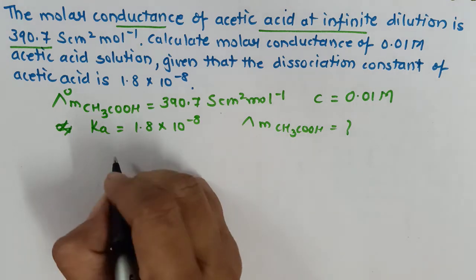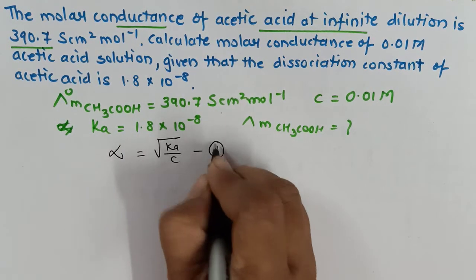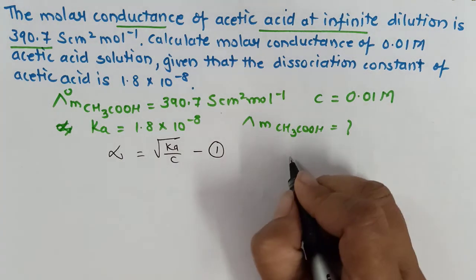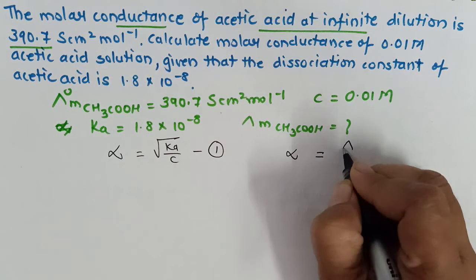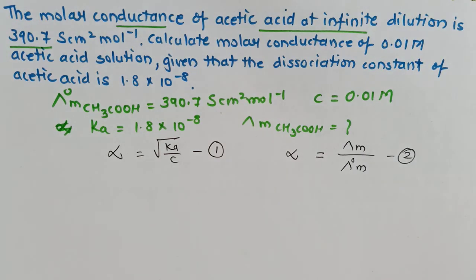Now we know that alpha equals square root of Ka upon C. Let us write this as equation 1. We also know that alpha equals molar conductivity upon limiting molar conductivity. This is equation number 2.